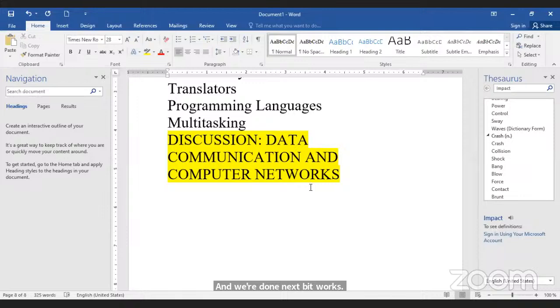Announcements, let me check on my calendar. Okay. So next Monday we shall be on 4th. So I think next week we can have a class.